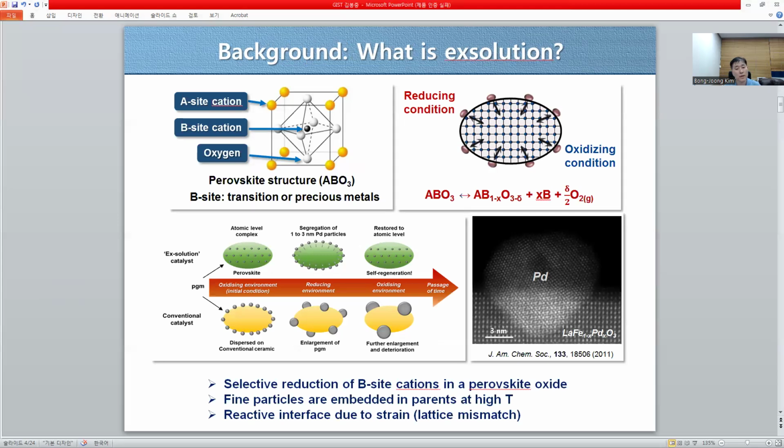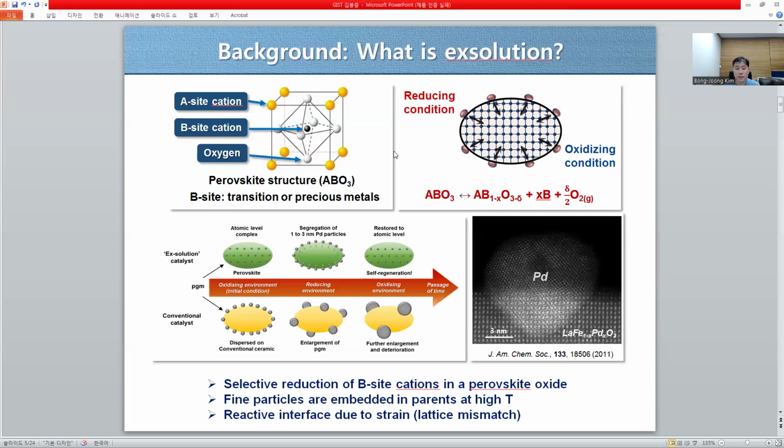First, we need to discuss what exsolution is. We normally dope transition or precious metals in perovskite oxides. So the metal dopants are placed substitutionally in the B site here of the ABO3 system. Then reducing conditions such as annealing under hydrogen gas flow are applied to the doped oxide.